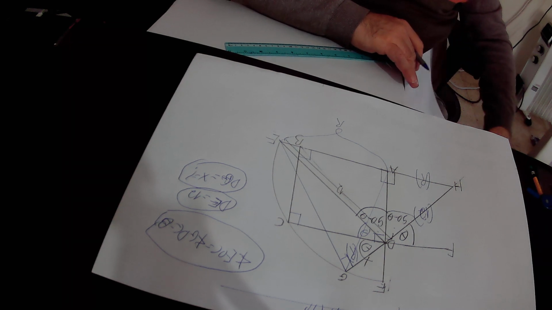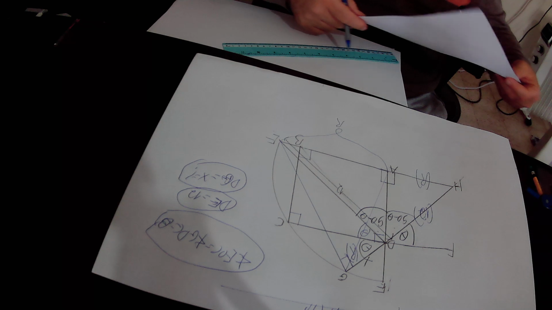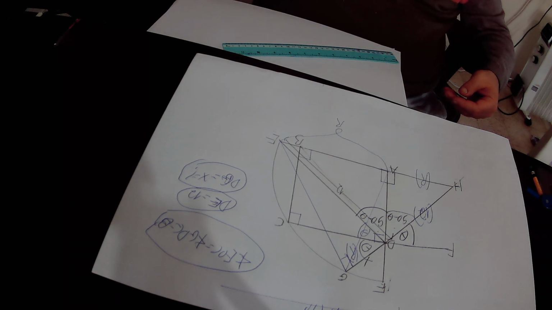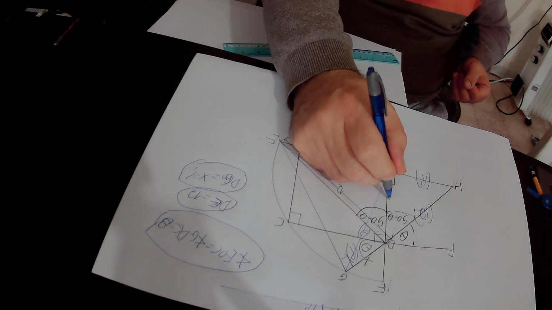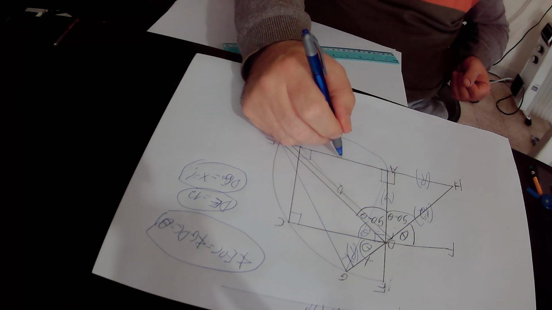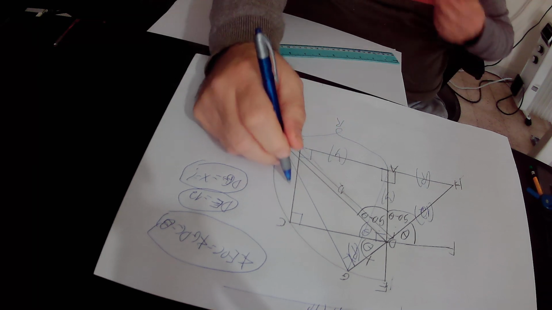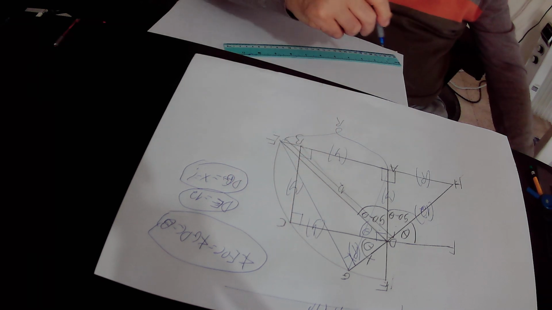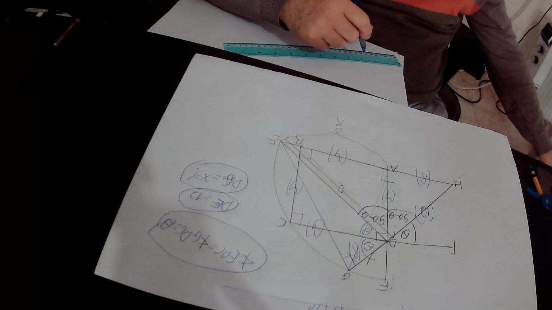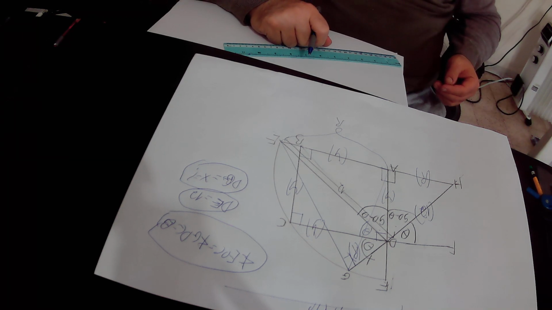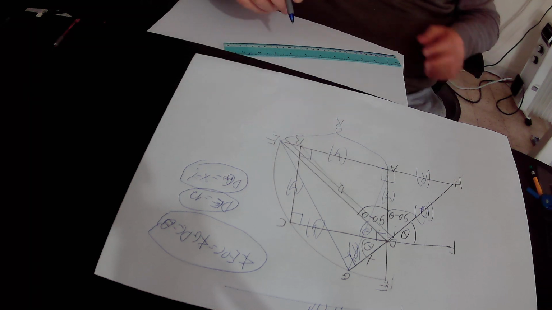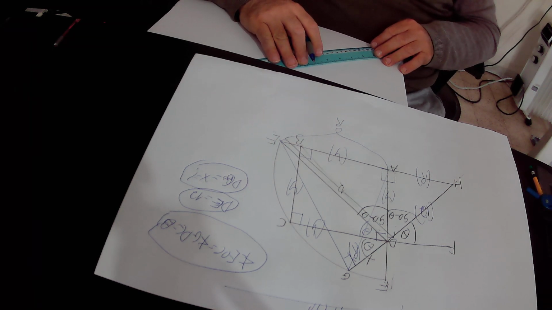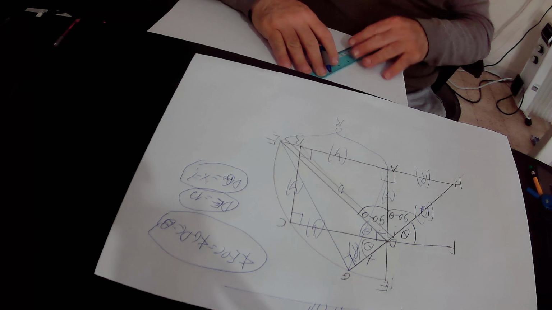We know that ABCD is a square, so we define one side of this square as y, and therefore all the other sides will be equal to y. And we focus on the right triangle ADE. I copy triangle ADE in a new page, and we'll implement on this triangle ADE the Pythagoras theorem.